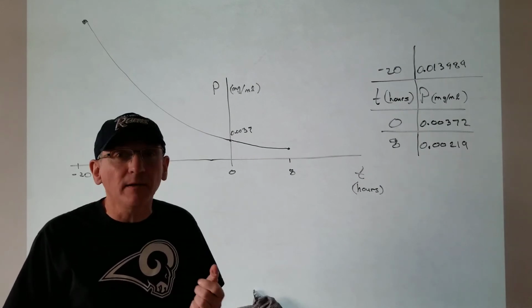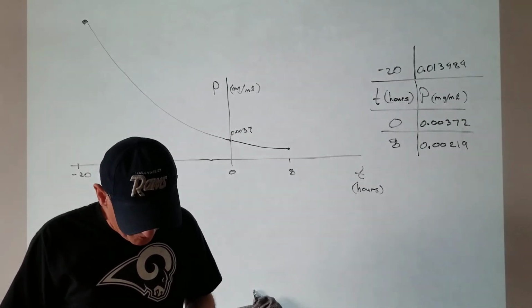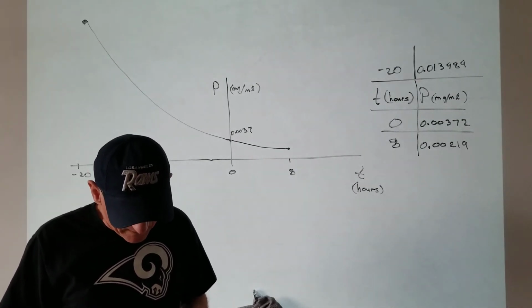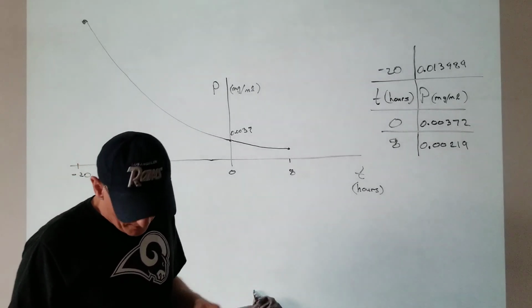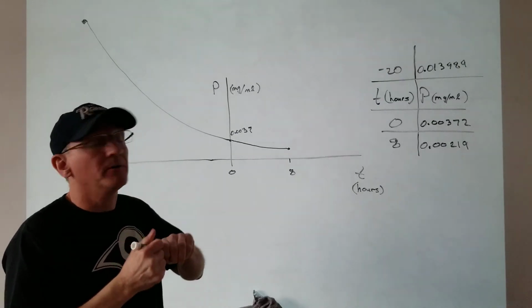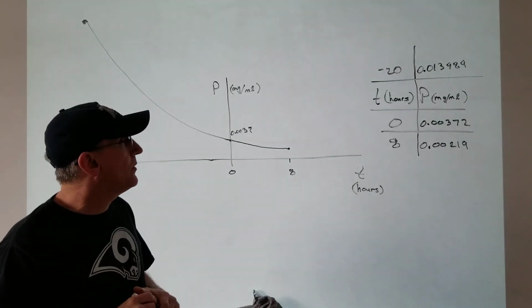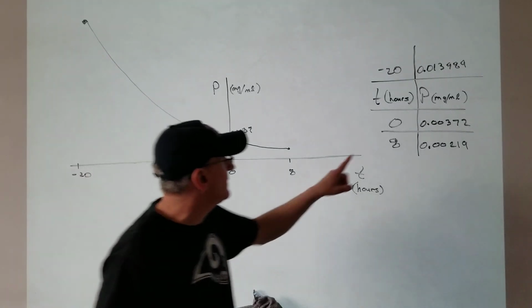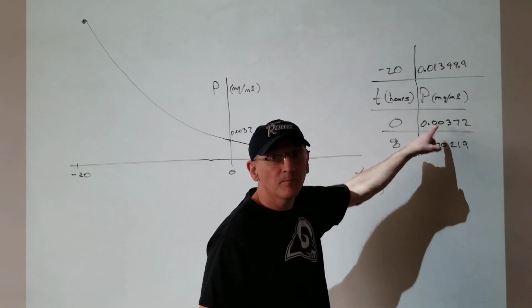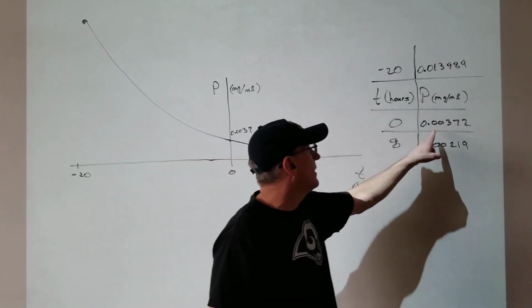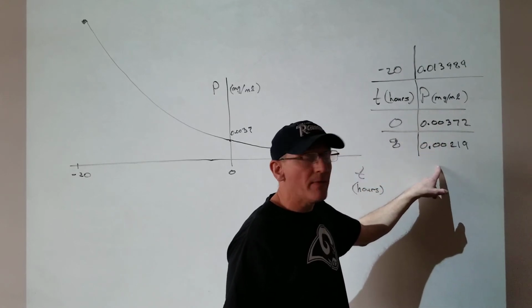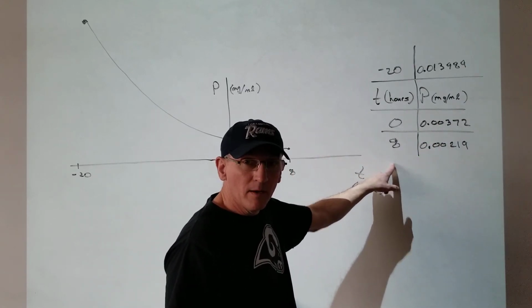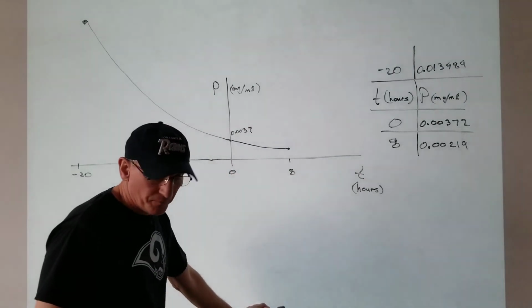The biological half-life of a poison in the body is the length of time it takes for the concentration to drop to half its present value. So you could pick this to be the present value and then try to figure out how concentrated would it be when it's half of this, and then go back and solve for time, and you will know the half-life.